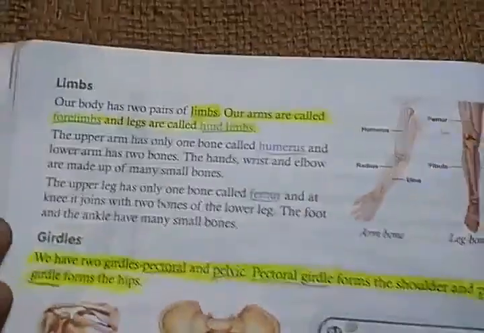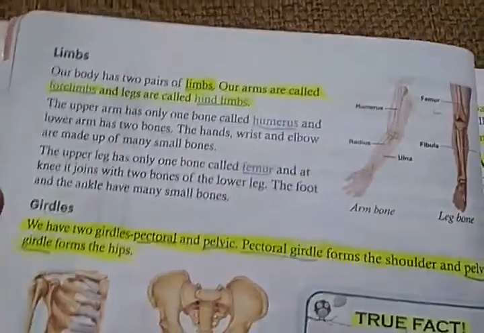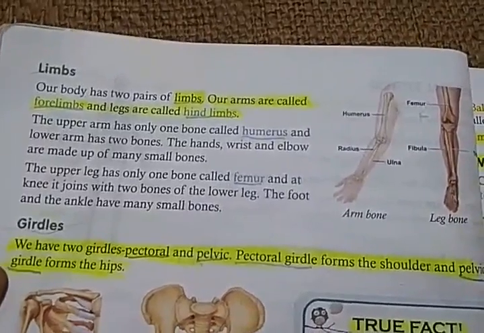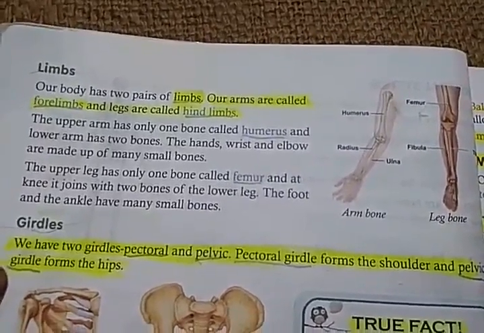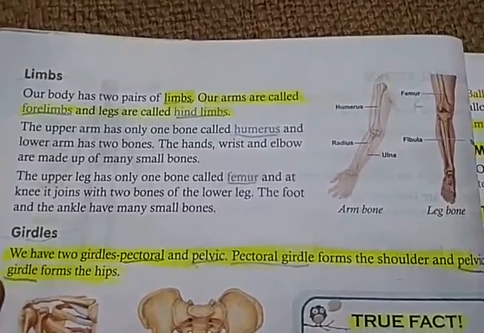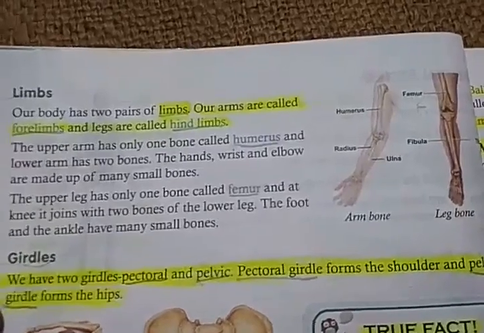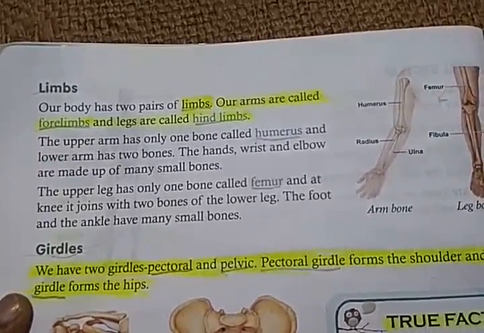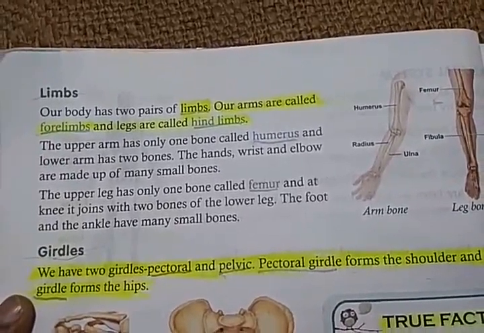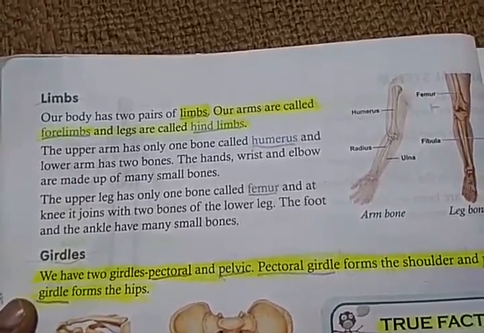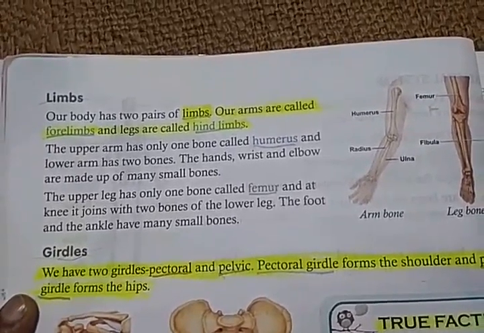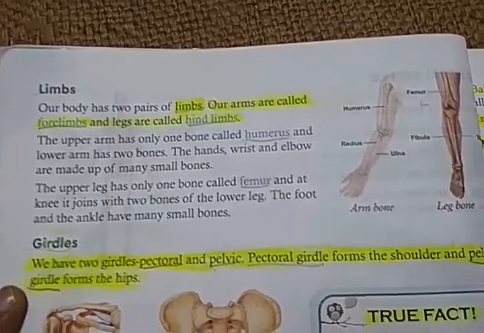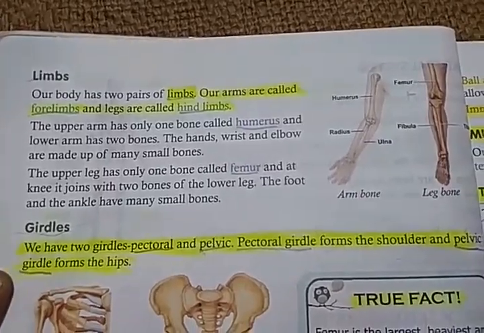Then another one was the limbs. There were forelimbs and hind limbs. The bone of the upper arm is the humerus, and the lower arm has 2 bones, radius and ulna, whereas in the leg, the bone of the upper leg is the femur, and the bones of the lower leg are tibia and fibula.